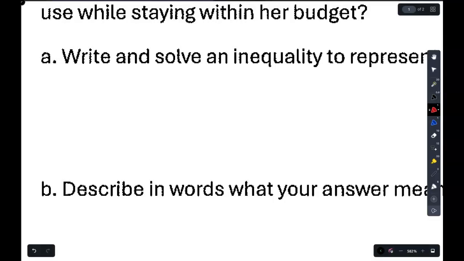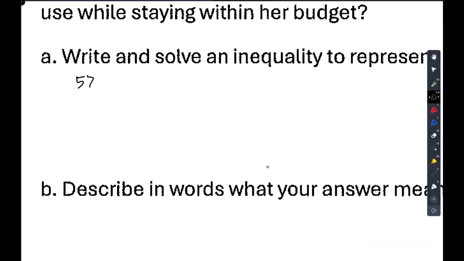I think I'm going to change colors back to black here. $57.50 plus the 5 per every gigabyte and under $70, less than $70. All right, now we're going to subtract $57.50 on both sides.